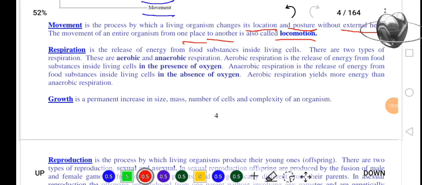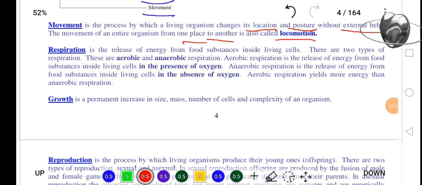Locomotion is whereby you are using your internal skeleton, or for insects, the external skeleton, or for worms, the hydroskeleton, to change location from one place to another. That movement is known as locomotion.